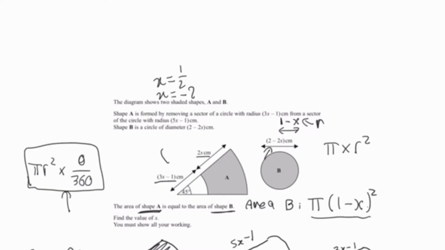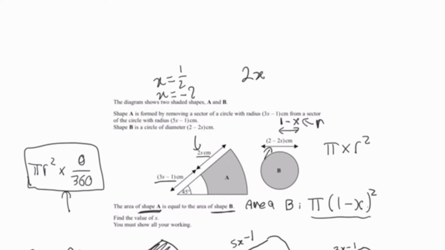But let's look at this one here. So this circle has 2 radiuses. Let me word this a bit more correctly. If we look at this sector here, we notice one of the measurements is given as 2x.